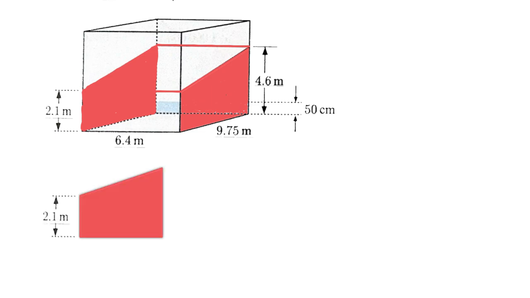So that one of the sides is 2.1 meters, the other side is 4.6 meters, and the width of it is 9.75 meters. This shape is called a trapezium because 2 of its sides are parallel, the 2.1 meter and the 4.6 meters. You might recognize this shape a little bit better if I turn it 90 degrees.